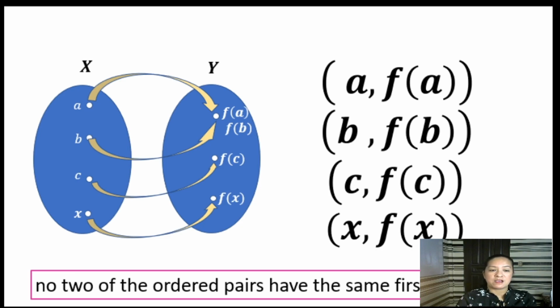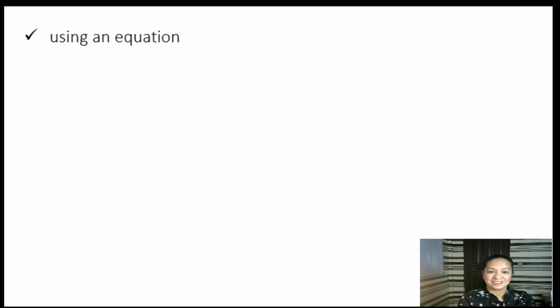The ordered pairs that represent a function can be generated by various means, such as a graph or a chart. However, one of the most common ways of generating these ordered pairs is by using equations.